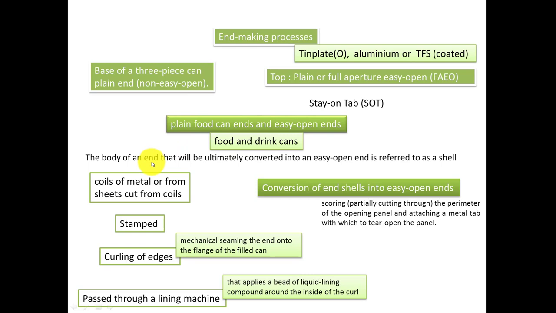The body of an end that will ultimately be converted into an easy open end is referred to as a cell. Let me repeat it: the body of an end that will ultimately be converted into an easy open end is referred to as a cell. So cell is something that is related to the easy open end.